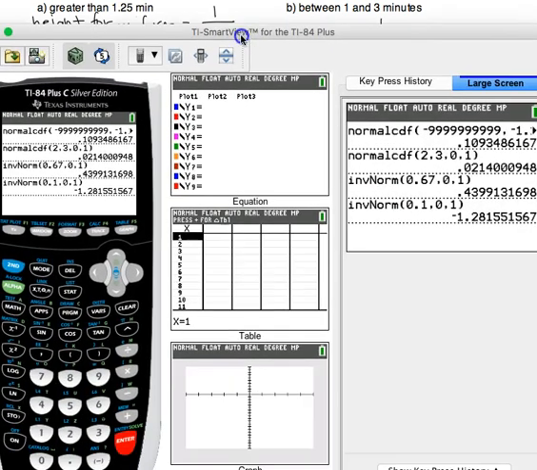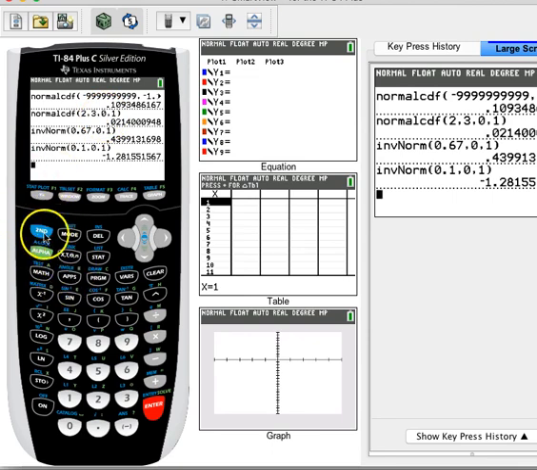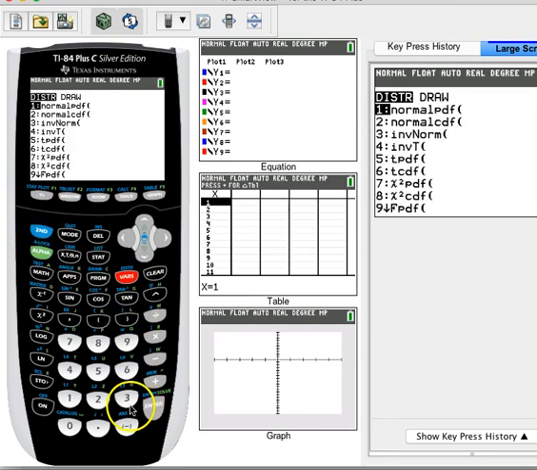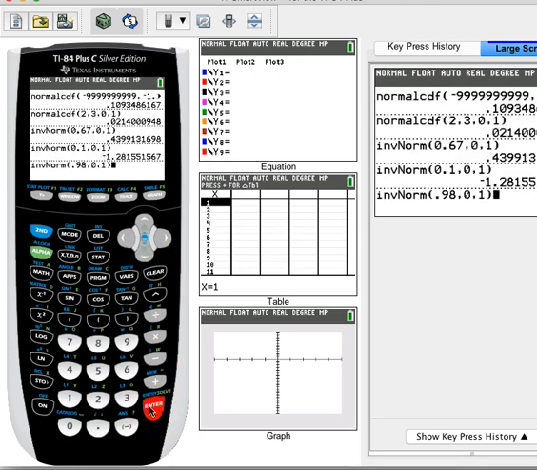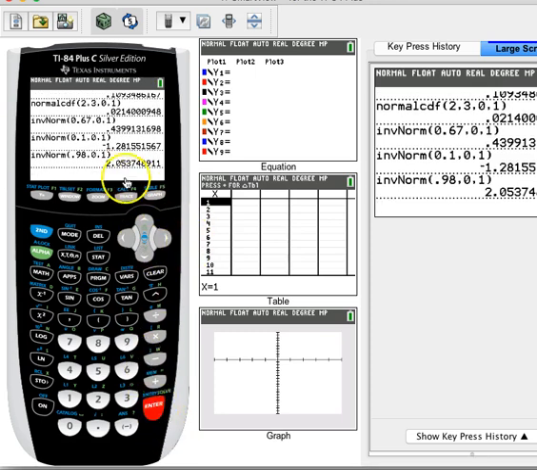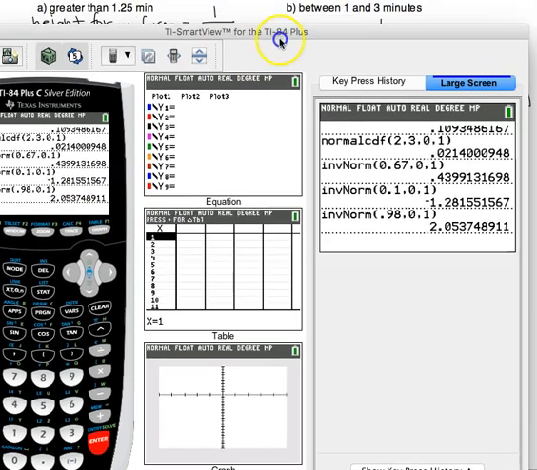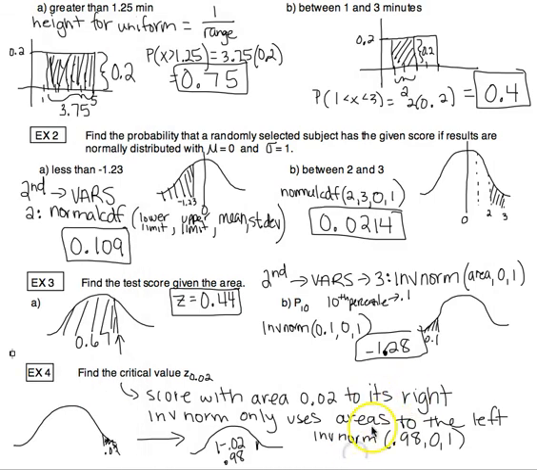And now hopefully it will give us the right answer here. If you do the 0.02, it's not going to give you the right answer. So 0.98, 0 and 1, just like this. And then enter. 2.05 would be to 2 decimal places, because again, we're looking for the z-value.